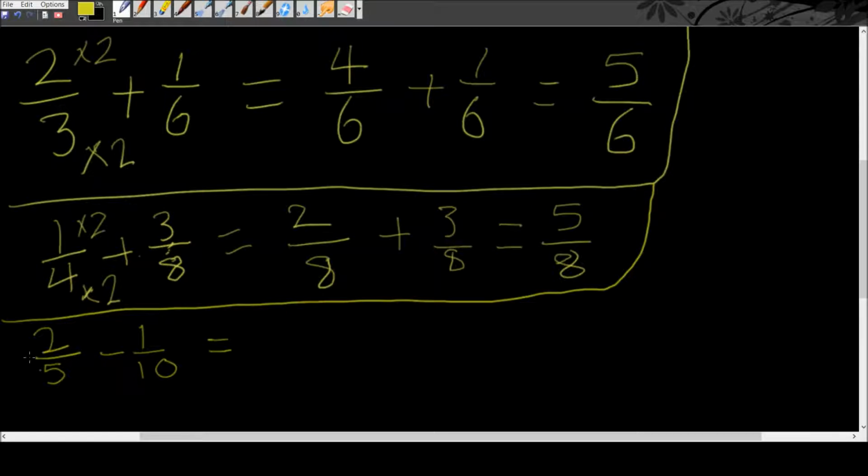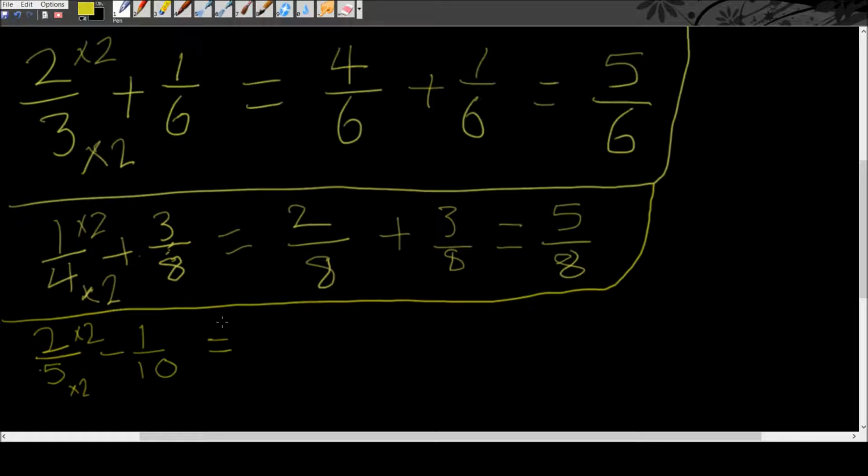We're going to change this fraction so that the bottom number becomes a 10. What do we need to do to the 5 in order to make it a 10? We need to times it by 2. And we also need to times the top by 2, because whatever we do to the bottom, we also need to do to the top.